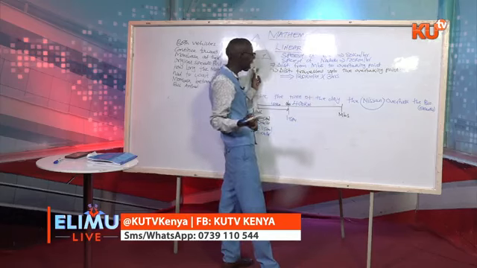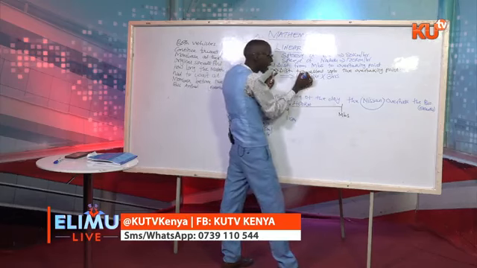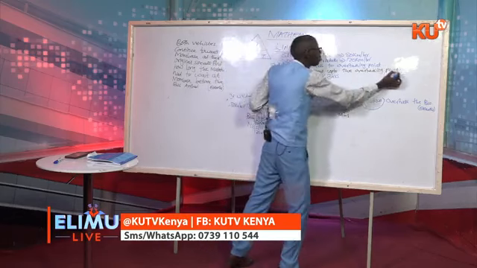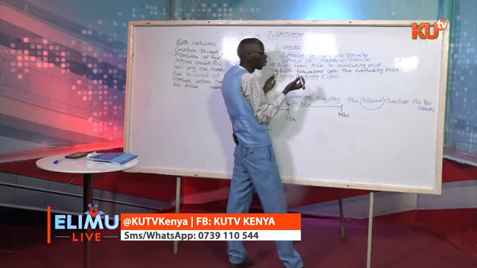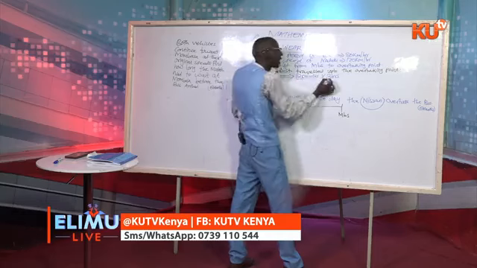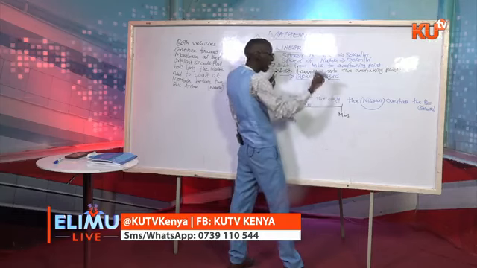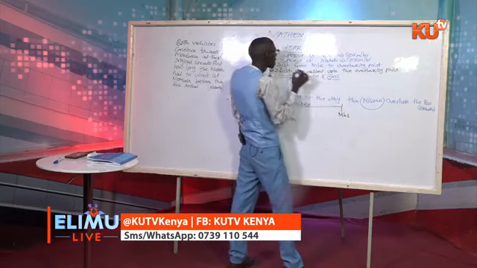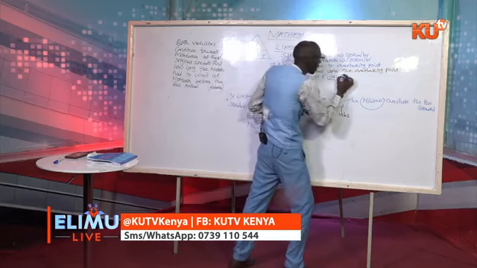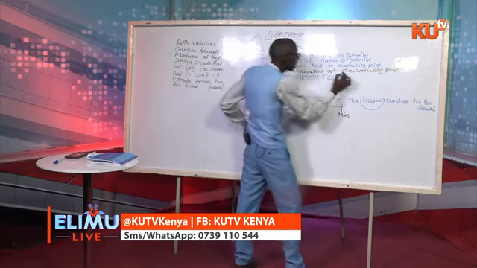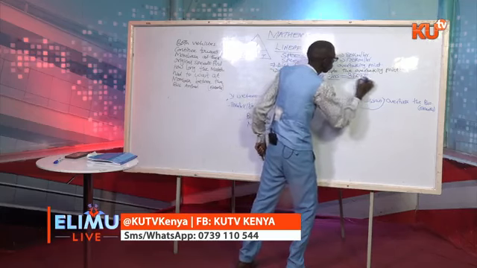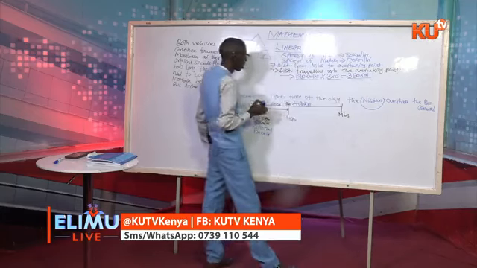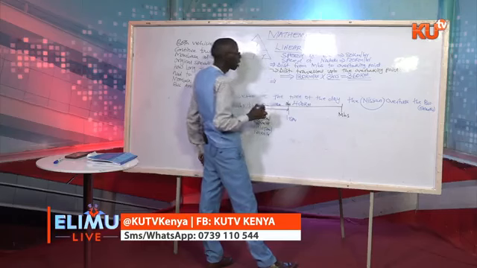The speed of the Nissan, because it's the one that overtook the bus, times the time it took to overtake the bus will give us the distance up to the overtaking point, which is 360 kilometers.